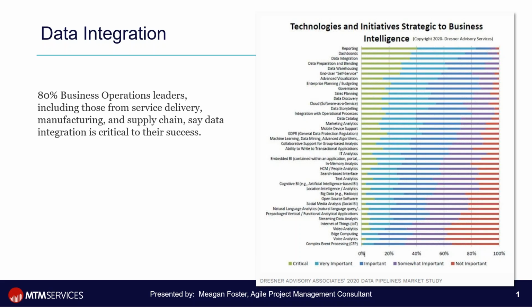And 80% of those operations leaders from service delivery, manufacturing, and supply chain say that data integration is critical to their success. What we see surrounding that in this image is reporting is noted as the most critical. Dashboards are next. Right below data integration, we see data preparation and blending, data warehousing, and end user self-service.